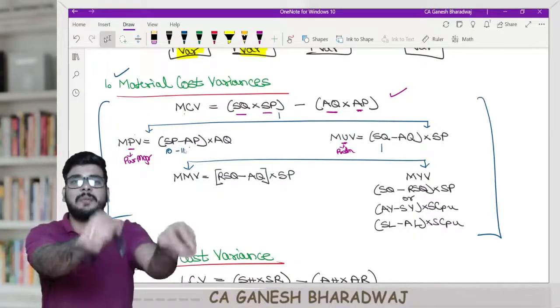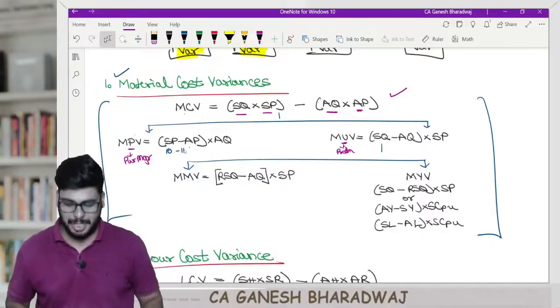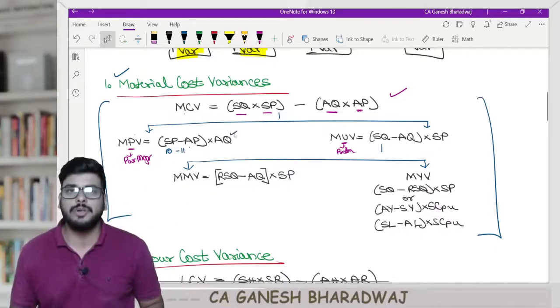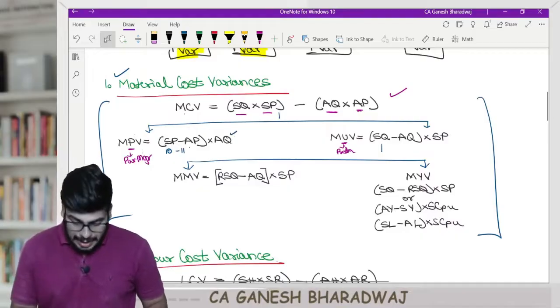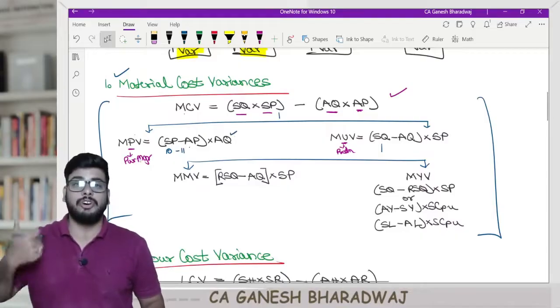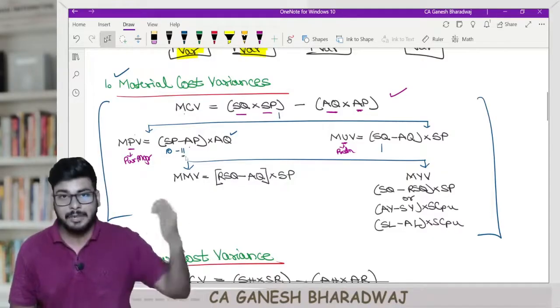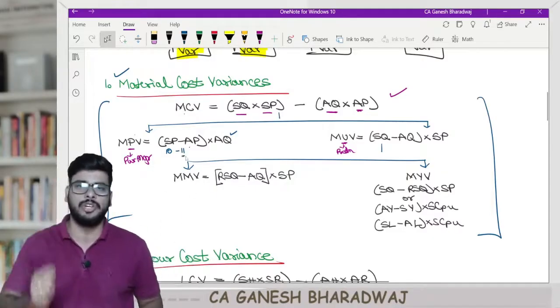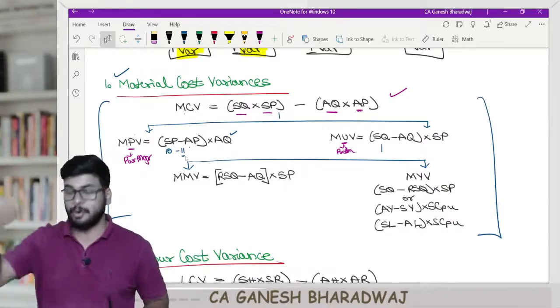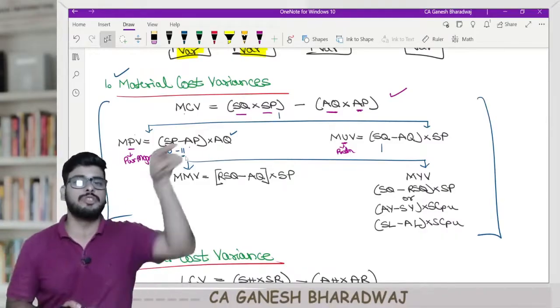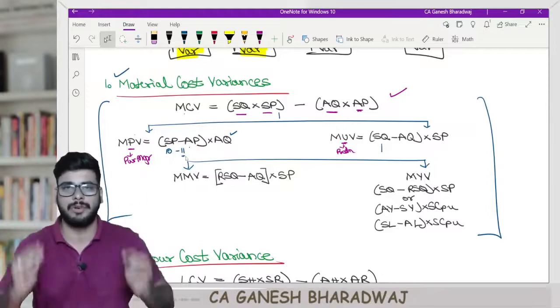So now I'm clearly pinning out the responsibility on the purchase manager into actual quantity. Why am I multiplying this with actual quantity? Because this purchase manager has authority only to fix the price at which he can purchase. He has no control over the quantity that requires to be purchased. Why? Because it is the production manager who tells him how much quantity he needs to purchase. Are you clear with this?